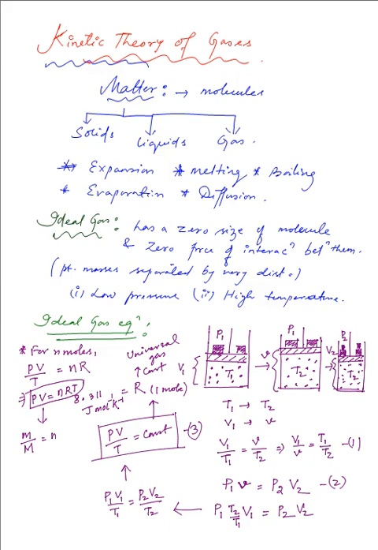So we can substitute this over there, and we end up with PV equal to m over the molar mass times RT, and if that small m is equal to 1 gram, then PV will be equal to RT divided by M, and that R by M term is known as the specific gas constant, which is small r.